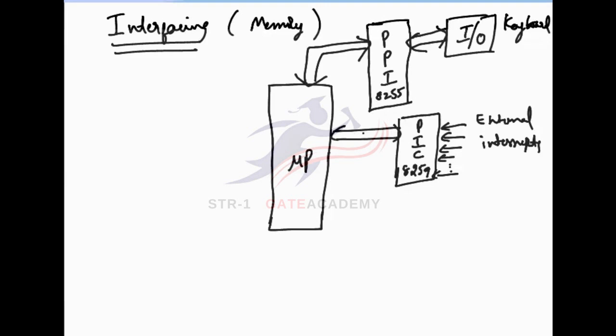It is also connected with data lines D0 to D7, and INTR is directly connected to the interrupt request. The main function of the 8259 is that it accepts the external interrupts and, according to priority, the highest priority interrupt is connected to the microprocessor, later one more interrupt, and so on. It performs these operations.